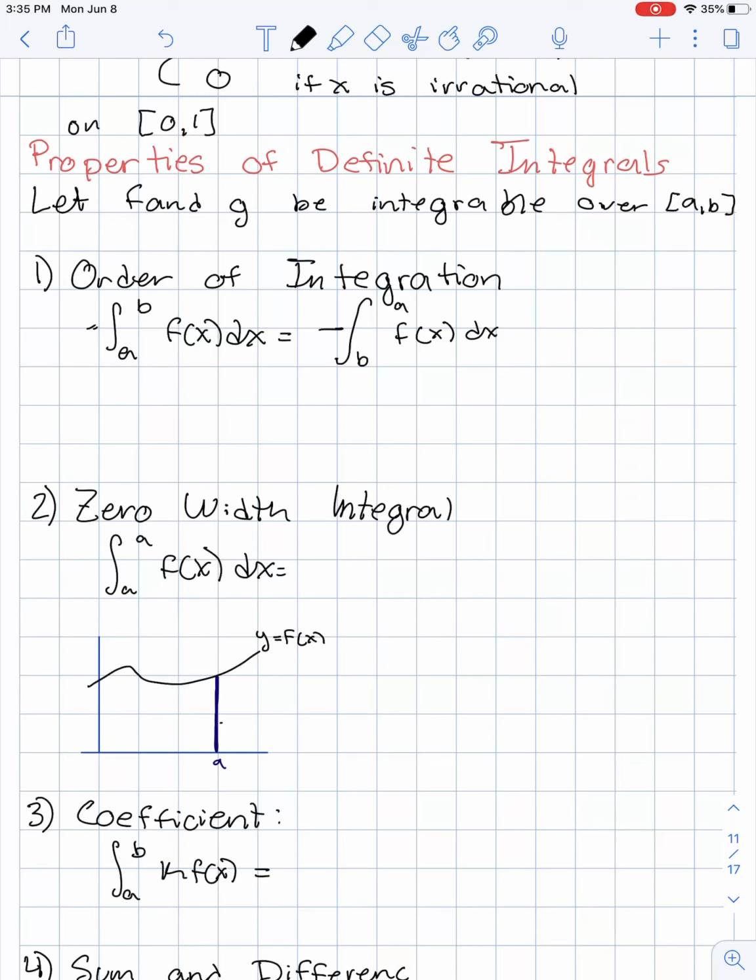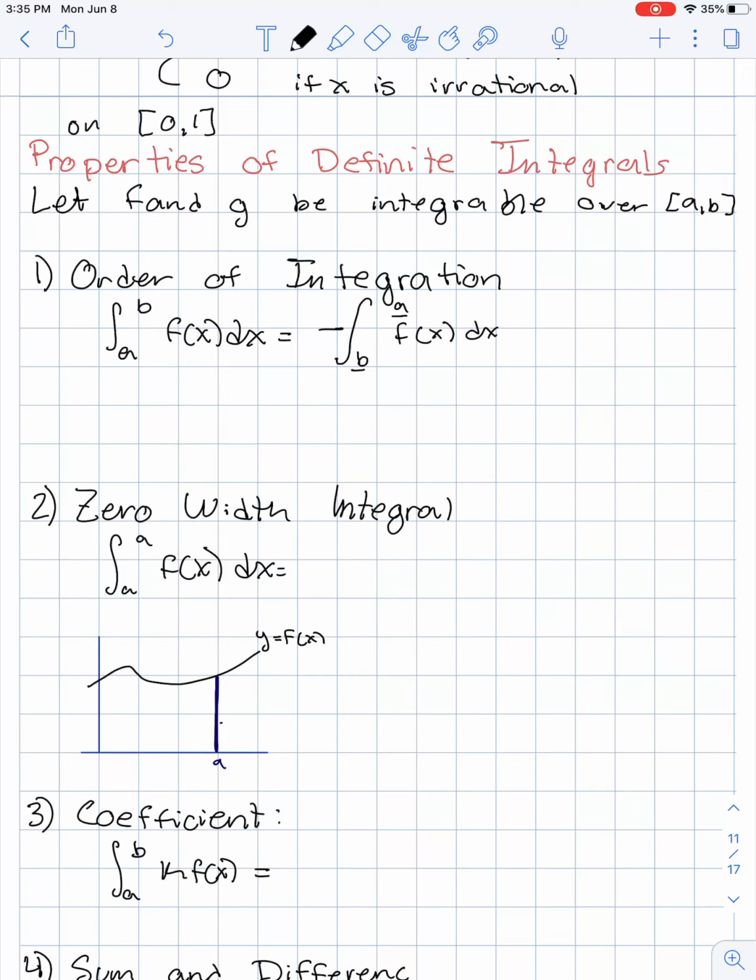Now we have our first property, which is order of integration. If I have the integral from a to b of f of x dx and I switch those bounds, then I'm going to get the negative version of the integral.